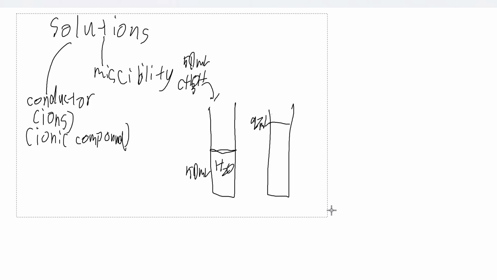Up next is properties of photons. Now, photons, if you know, are particles of light, and they exhibit very, very interesting properties. For example, light can behave as a particle.